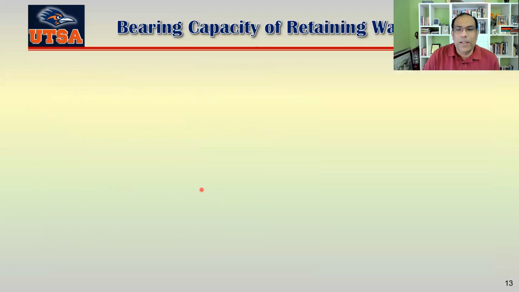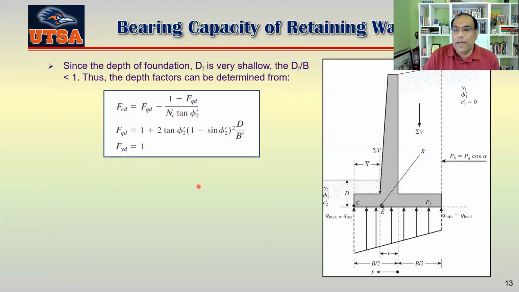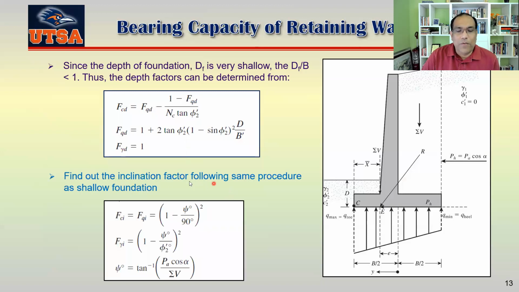Once you get that, you can start calculating your depth factors. Shape factors are 1, but depth factors will change. You can see that from here. You will also always have an inclination here, so you have to find the inclination factor too.